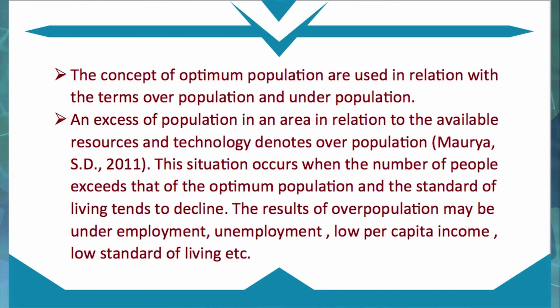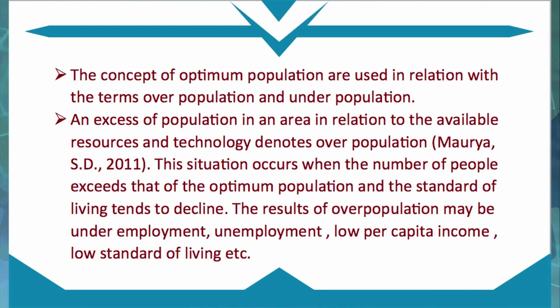Dear learners, the concept of optimum population is used in relation with the terms overpopulation and underpopulation. As such, let us learn about the concepts of overpopulation and underpopulation. An excess of population in an area in relation to the available resources and technology denotes overpopulation. This concept was given by Professor Moria in 2011.